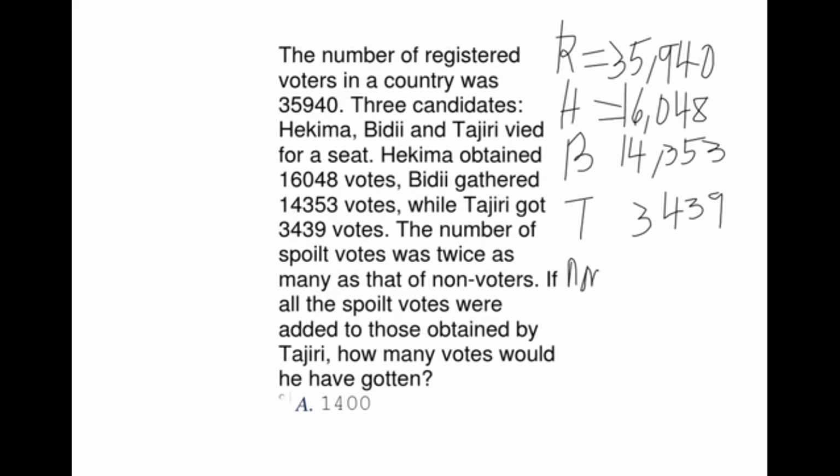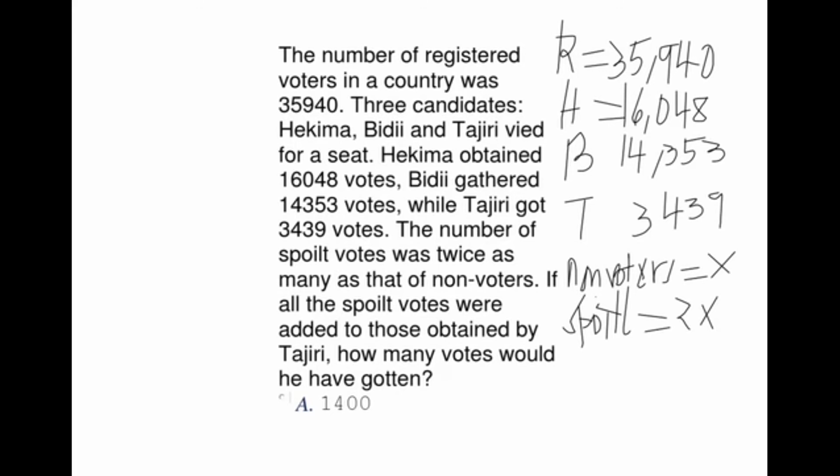So say non-voters is X, then spoiled votes equals 2 times non-voters, which is 2X.